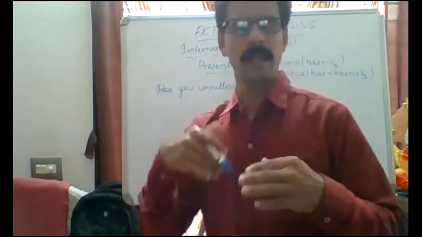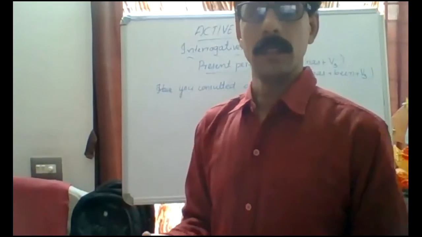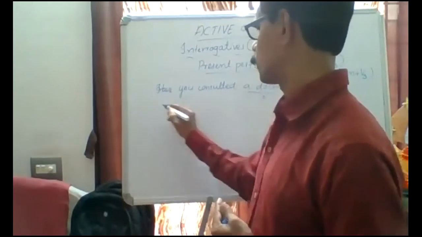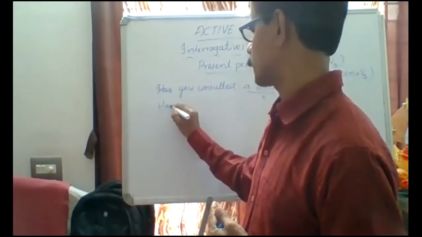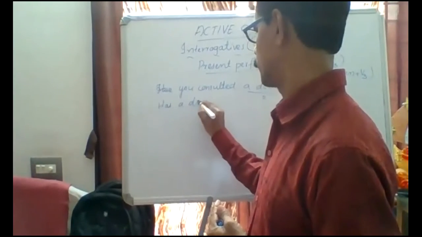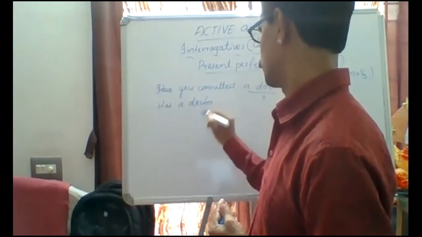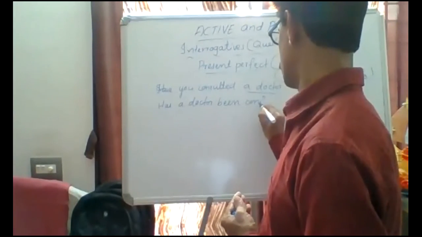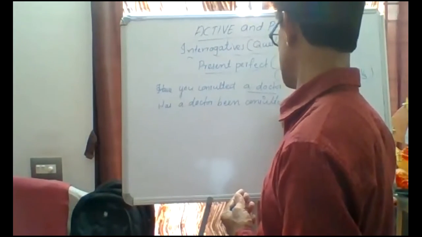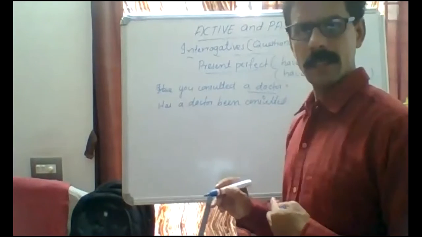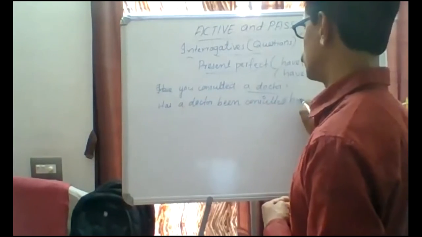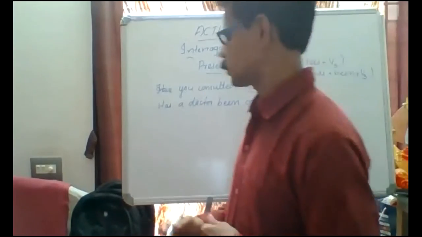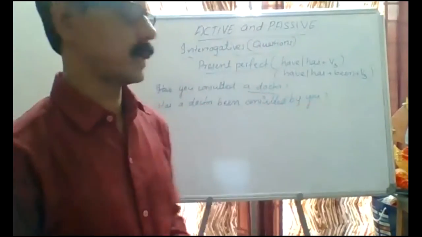You cannot start the passive sentence with have because a doctor is singular, so based on the doctor, you start with has. Has a doctor been consulted by you? Been is the B form, and consulted is already V3. So this is the present perfect passive construction.